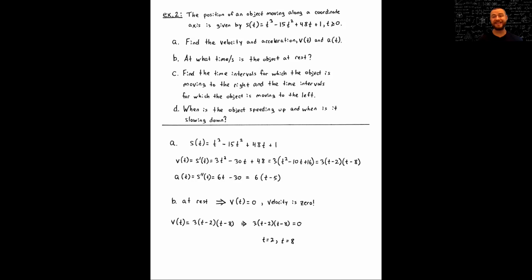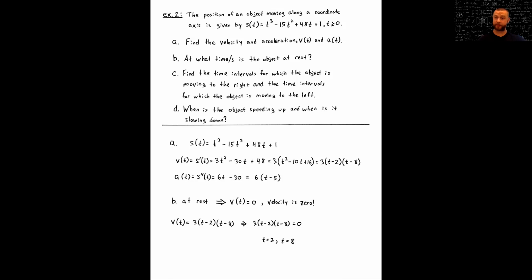Both parts C and D deal with directions for velocity and acceleration. For one-dimensional motion, direction is indicated just by a positive or negative sign. All of our work for parts C and D is going to come from using what I'll call sign charts.